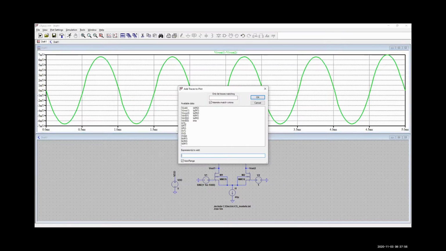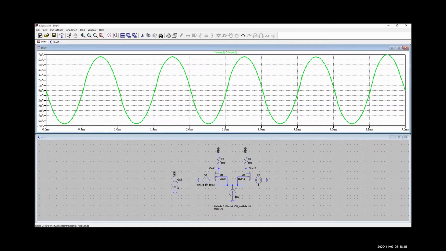So I want, let's see, trying to figure out what this node is. I'm going to label this node right here as simply VN1.